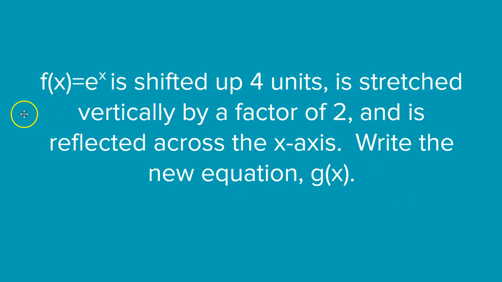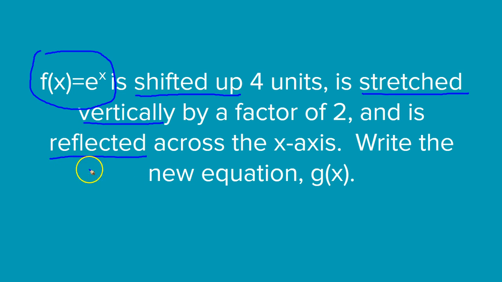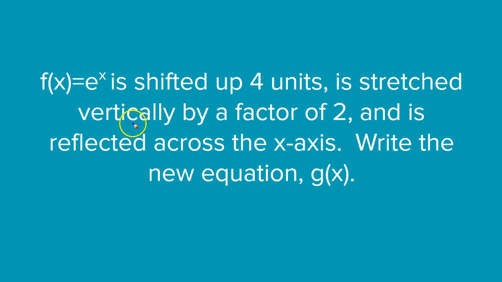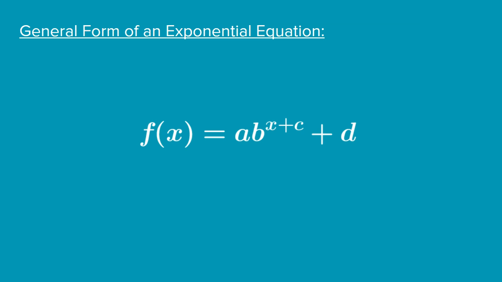So in this description, we're given the base function, f of x equals e to the x, and we're given several transformations that are done to this base function. We're told it's shifted up, stretched vertically, and reflected. Each of these transformations will correspond to a term in the general form of the equation for an exponential function.